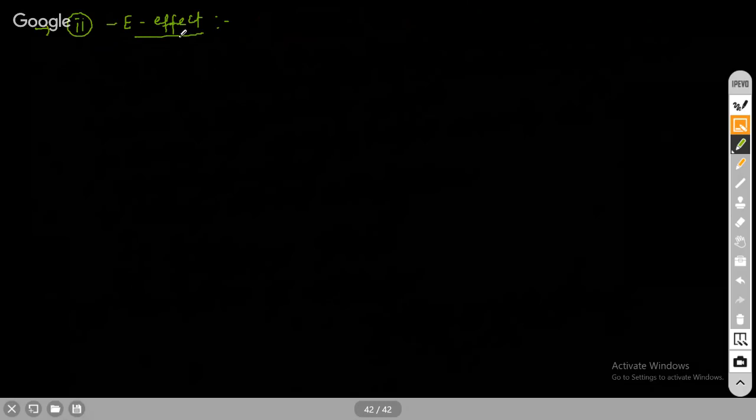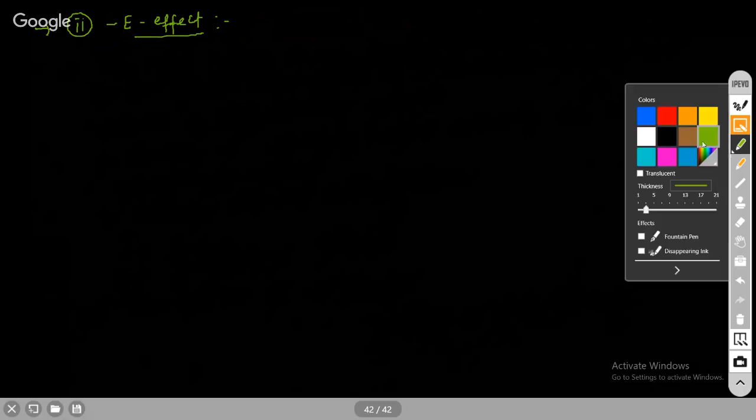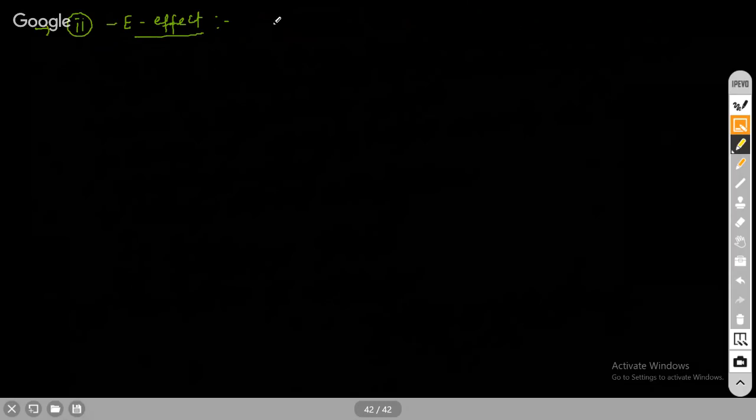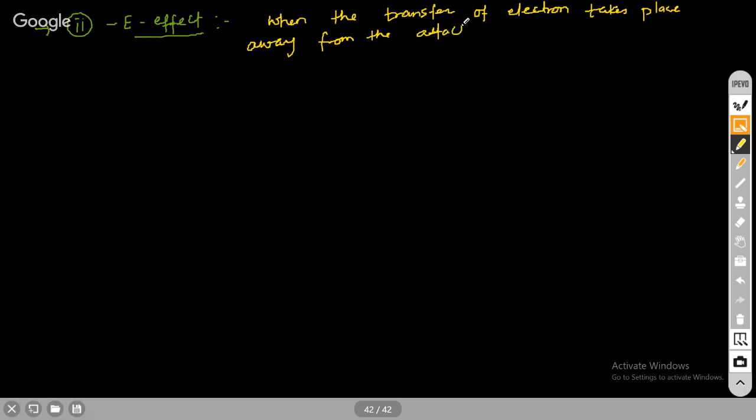This is possible when the transfer of electron takes place away from the attacking reagent.